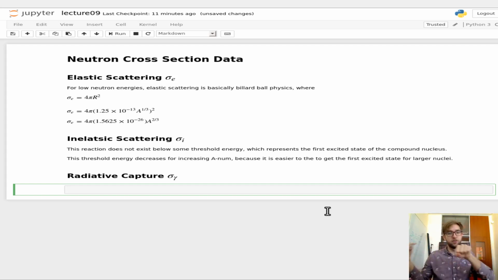The neutron's not zipping by really quickly, and so it's easier for the neutron to be absorbed into the nucleus. So for most nuclides, it is easier to capture a neutron the slower it is going.